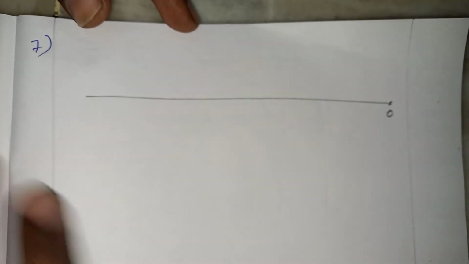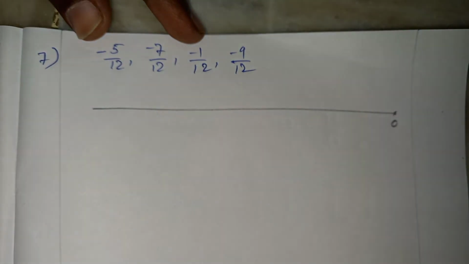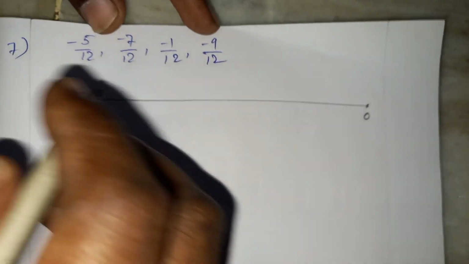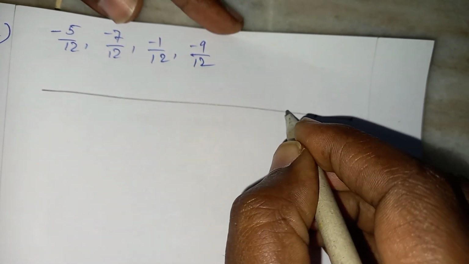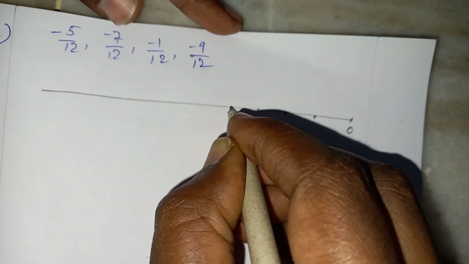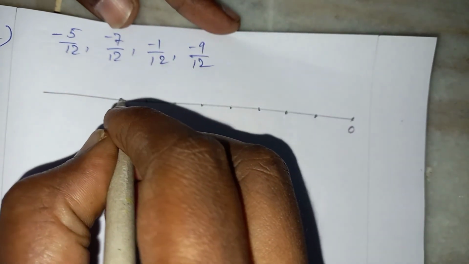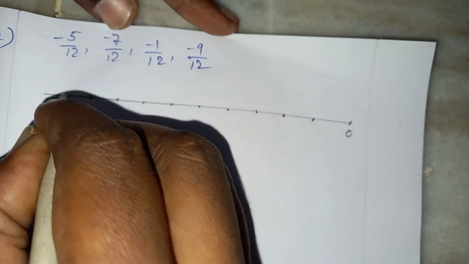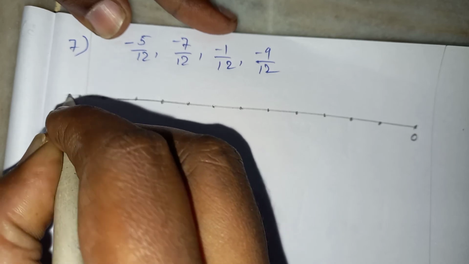Question number 7, we have to mark 5 by 12, minus 7 by 12, minus 1 by 12 and minus 9 by 12. The denominator is 12, so we have to divide the line segment into 12 parts. 1 2 3 4 5 6 7 8 9 10 11 12.